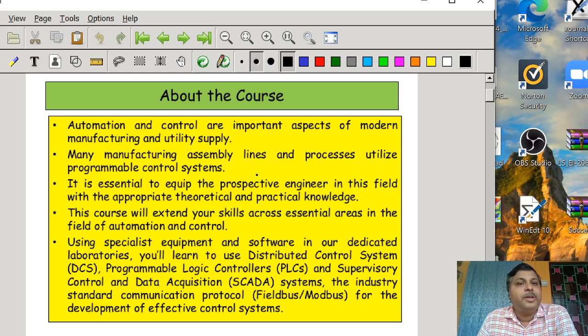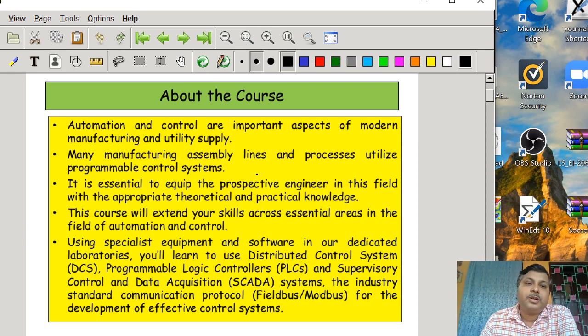Mostly we will be involved with some logic. If you understand logic, meaning mostly the basics of digital electronics, then you will find that this course will be interesting for you. So that's why we are starting with what the course is about.